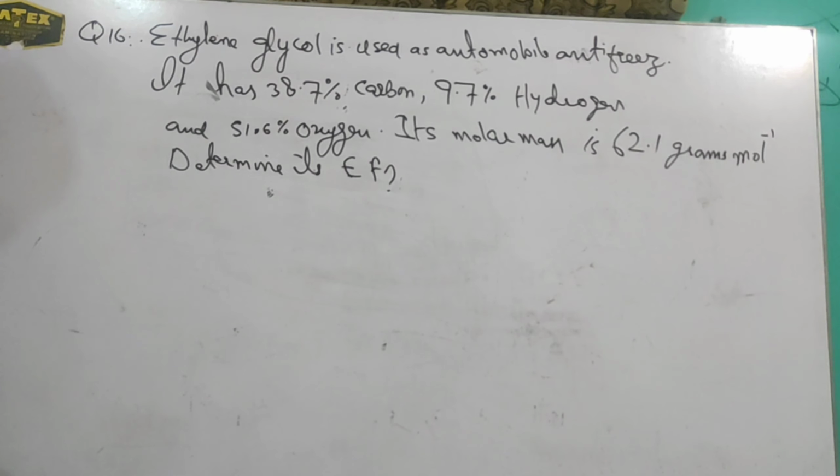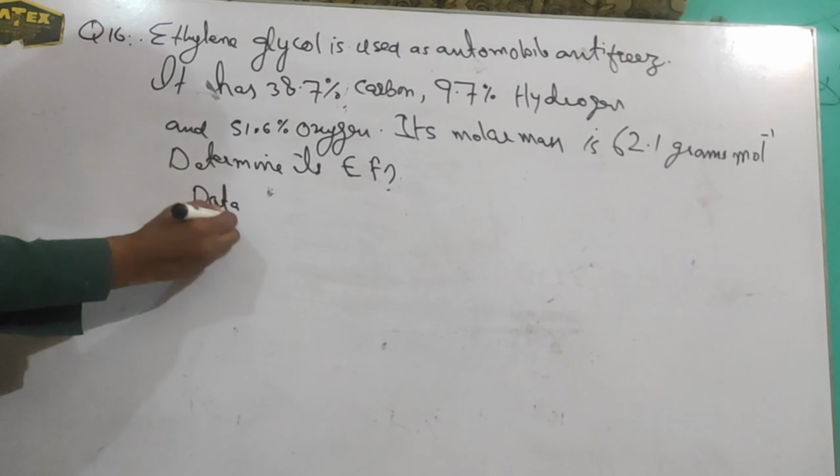So in this video, ethylene glycol is used as antifreeze in automobiles. So there is a problem of empirical formula. Ethylene glycol is used as antifreeze in automobiles, and it has 38.7% carbon. So we have to make data like this.